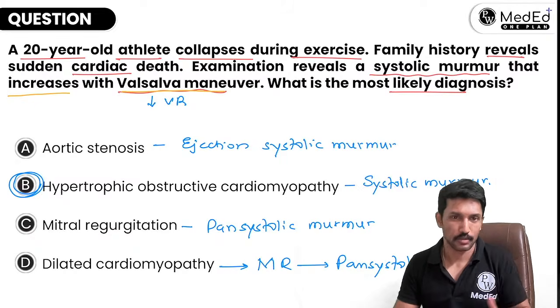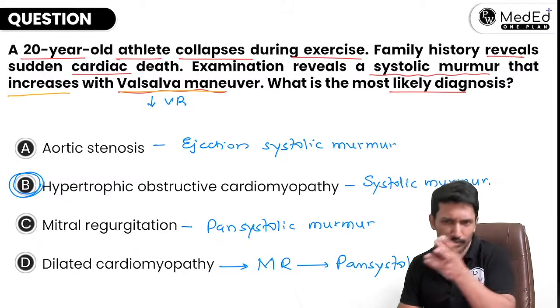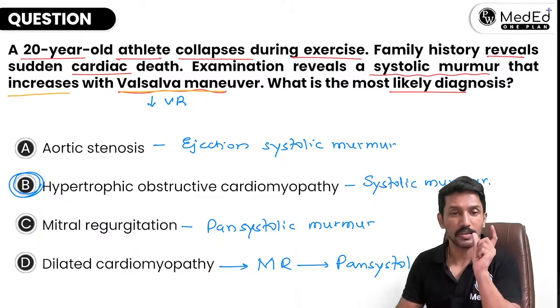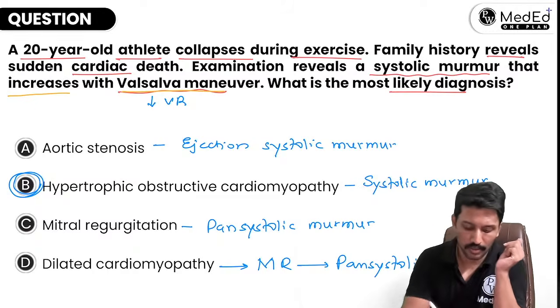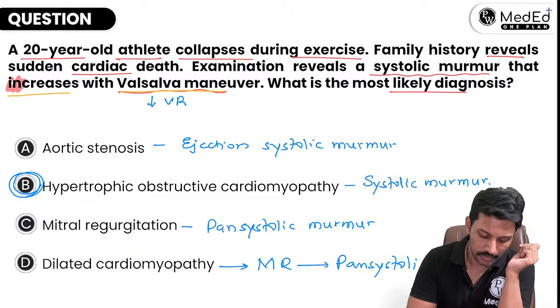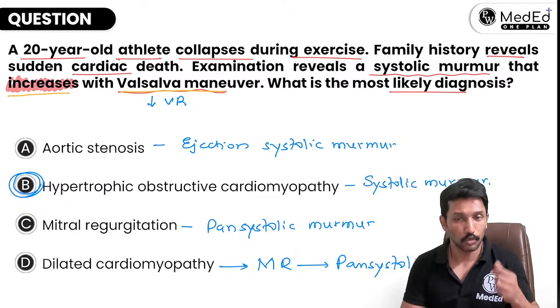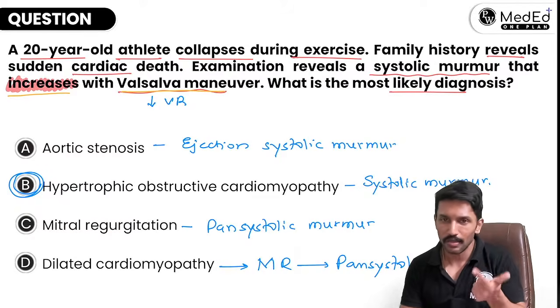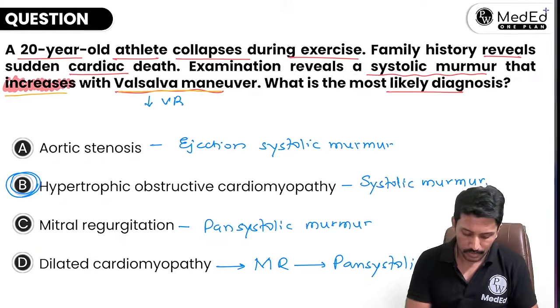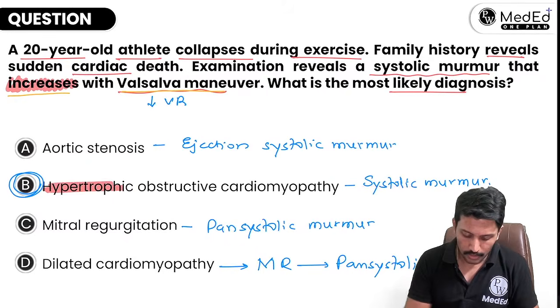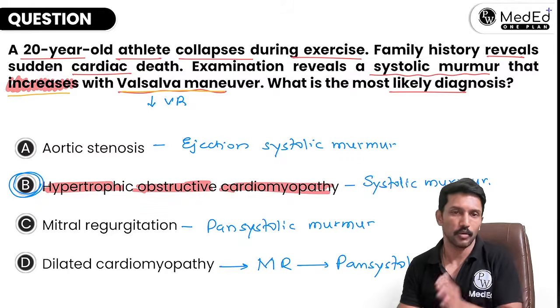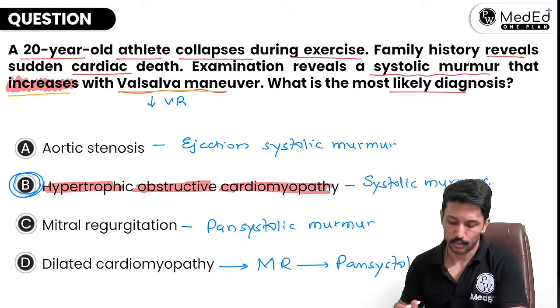So if it was AS or MR, or dilated cardiomyopathy which causes MR, I would expect the murmur to decrease. But here it is behaving as an exception. It is increasing. So if the murmur increases on decreasing the venous return, it should be either mitral valve prolapse or HOCM. Here there is no talk about mitral valve prolapse, so I will go ahead with hypertrophic obstructive cardiomyopathy as the diagnosis.